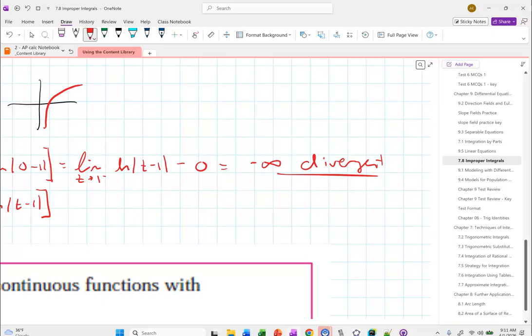Unless I shouldn't be able to do any fancy stuff there. Yeah, okay, good. Textbook agrees with what I got.